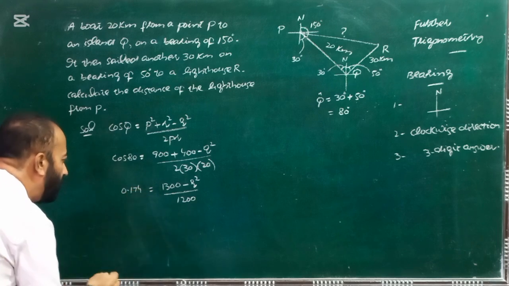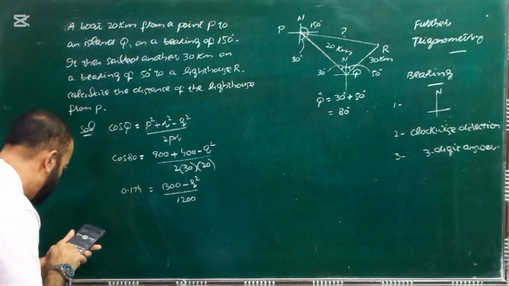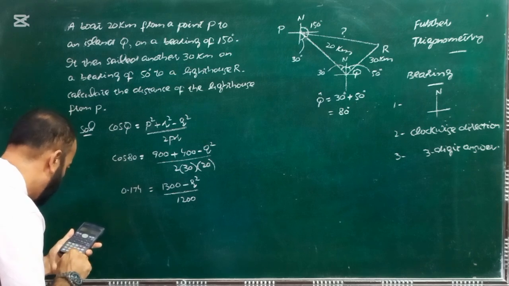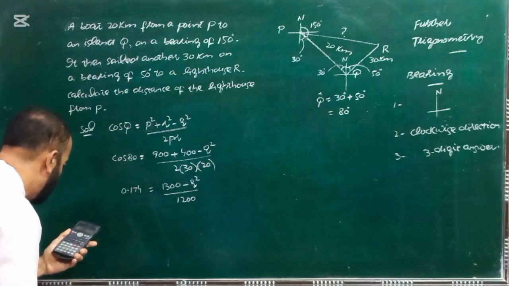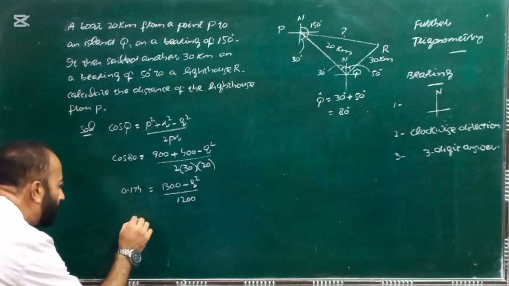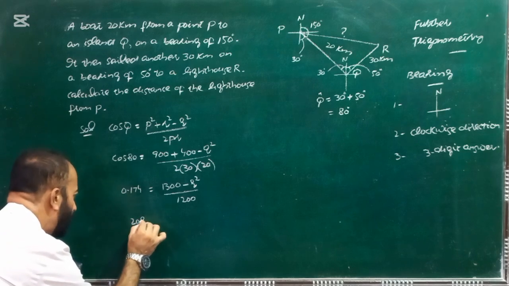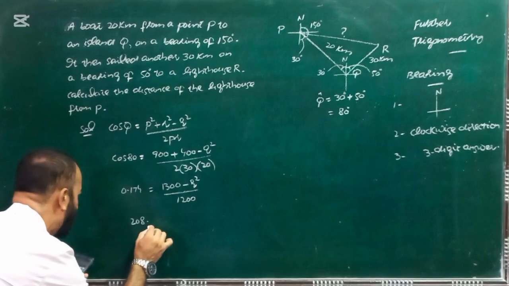So this 1200 will be multiplied by this one. It will give 208.38.